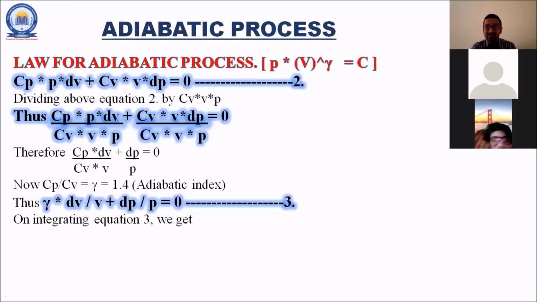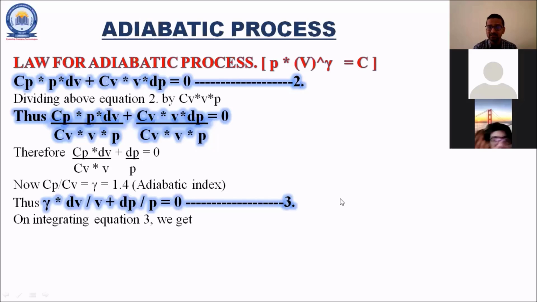So now we are going to integrate equation number 3. But friends, remember, during the integration, we are not taking the limits of the integration. We will do the simple integration. So on integrating equation number 3, I will be getting gamma integration dV by V plus integration dP by P is equal to integration of 0.